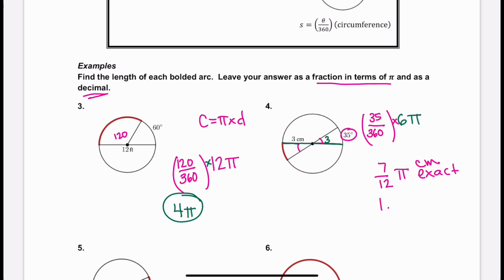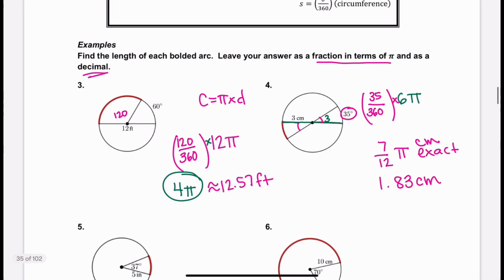If I put this in my calculator, I get 1.83 centimeters long, where on number 3, if I do 4 pi and change that to a decimal, I will get 12.57 feet long. Depending on how they ask it, if they say to round it, then do a decimal. Otherwise, you want to keep it as exact as possible, and so you would put 4 pi.